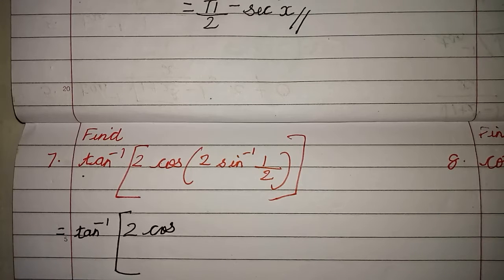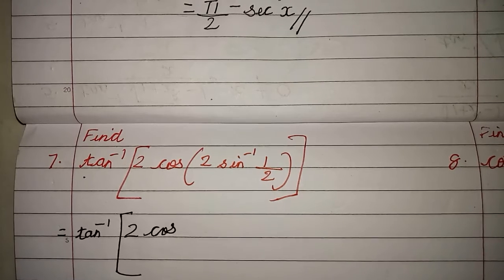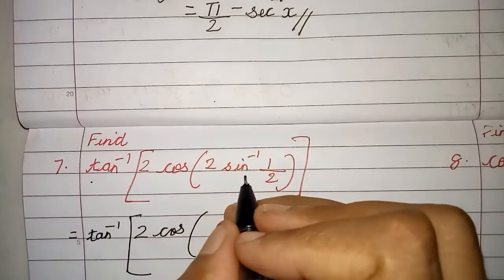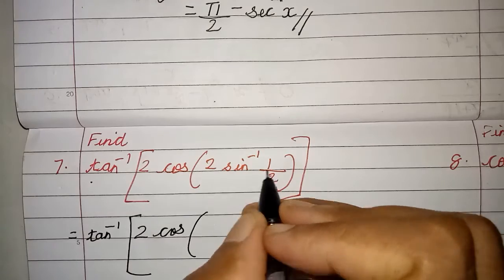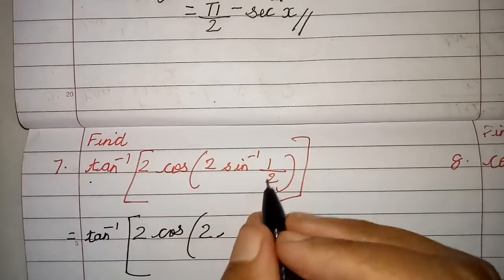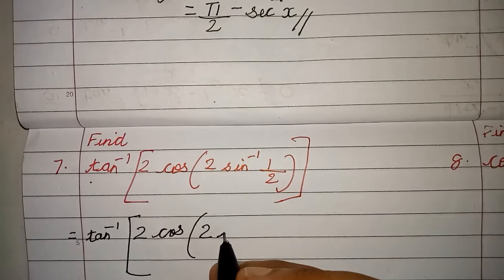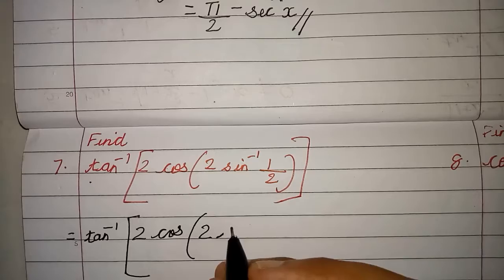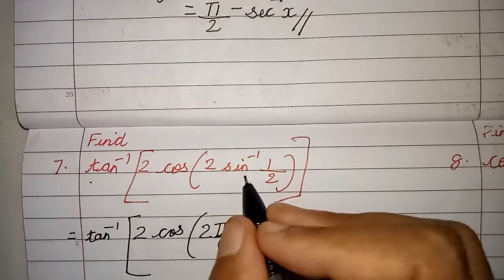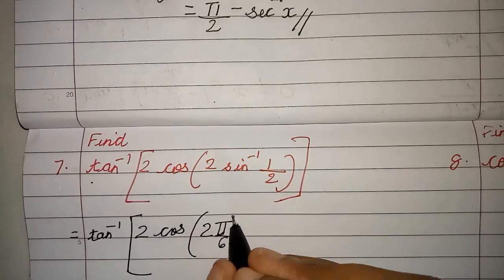Last time in the principal value branch session I have told you, you know that sin 30 is half. So sin inverse of half will be nothing but pi by 6. Yes or no? Because sin 30 is half, so sin inverse of half means your angle will be this.